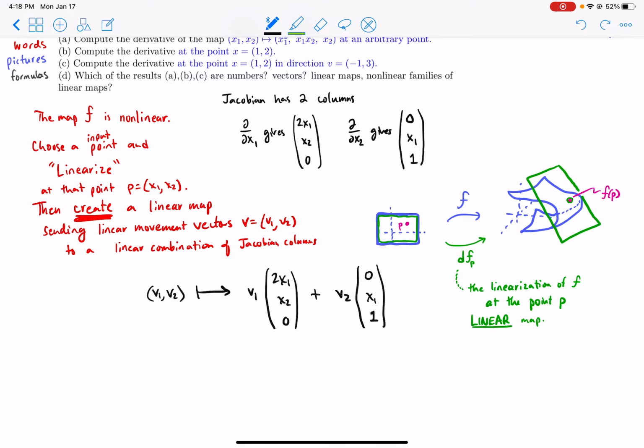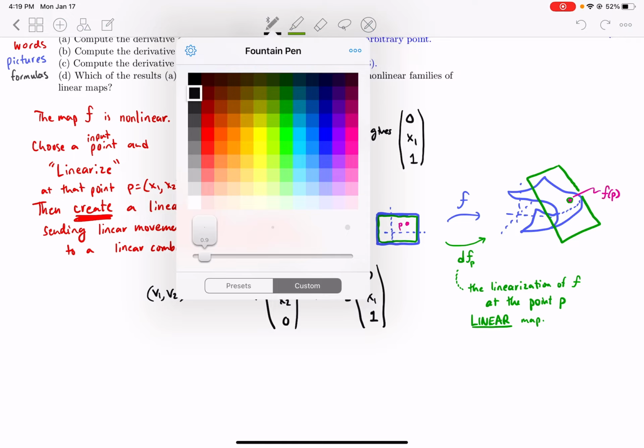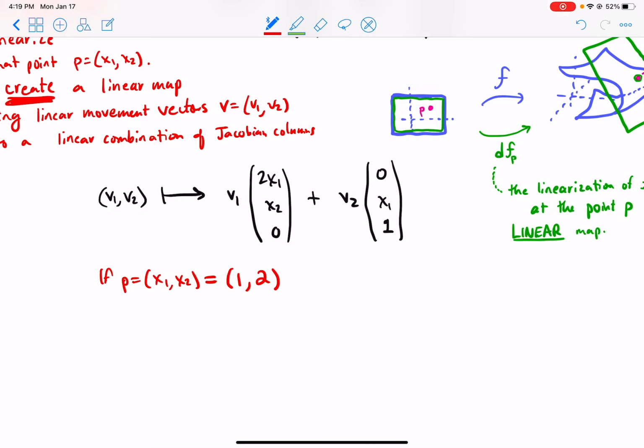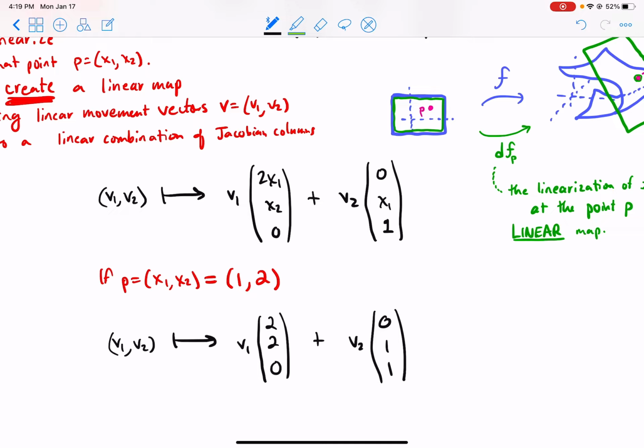So I guess if p equals x1, x2 is actually a specific point, like 1, 2 up here, then we get a linear map that says v1, v2 should go to v1 times... see what I did? I just plugged in the values.